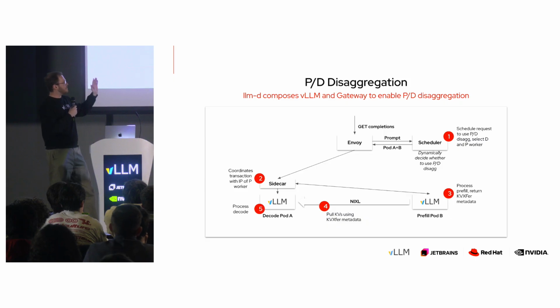But it needs to manage all these points of contact and communication of first routing the request to the prefiller, telling the prefiller that it needs to send to this specific decode pod, preparing the decode pod for that transfer when the prefiller is done, and managing all these things at the millisecond scale.